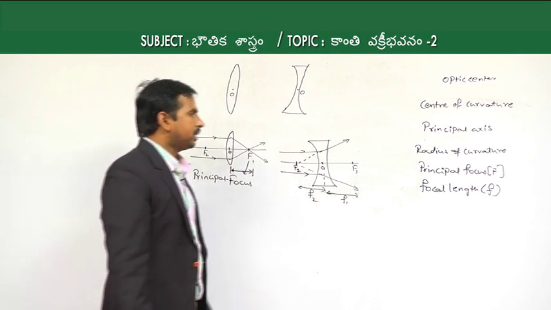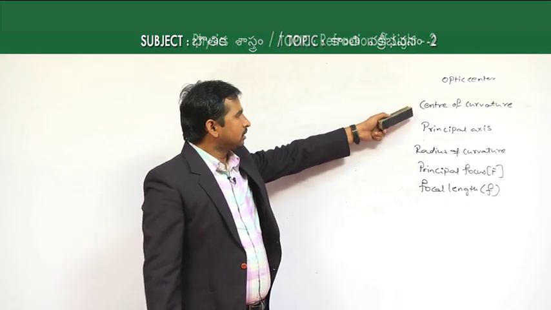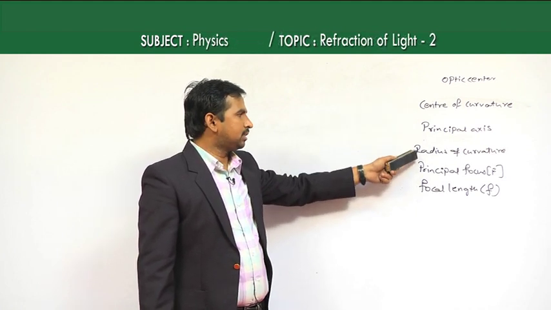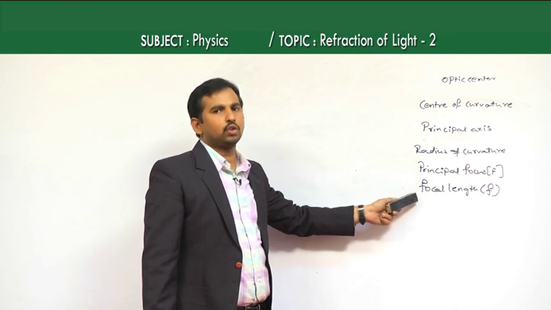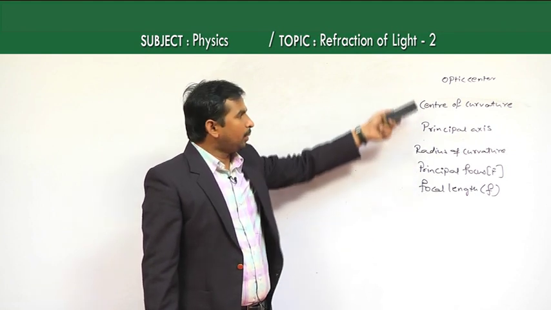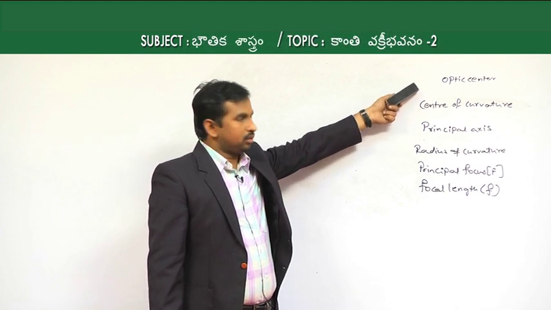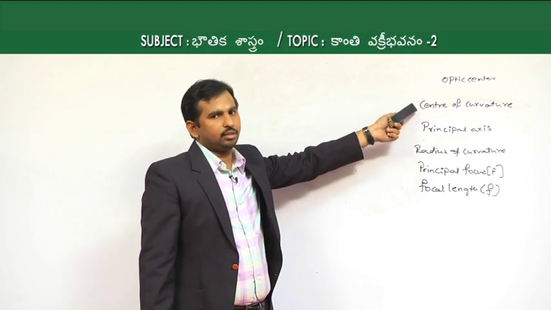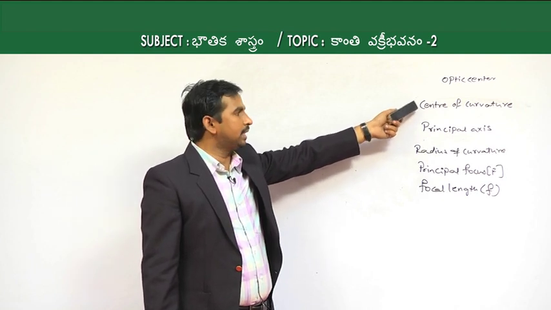Now we got the optic center, center of curvature, principal axis, radius of curvature, principal focus and focal length. Optic center is the geometrical center of the given lens. Center of curvature is nothing but the center of the imaginary sphere of which our lens is a part.